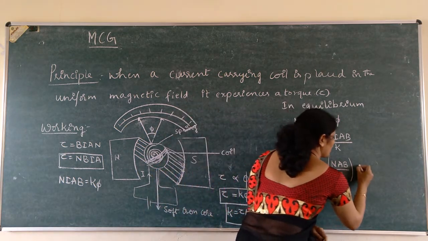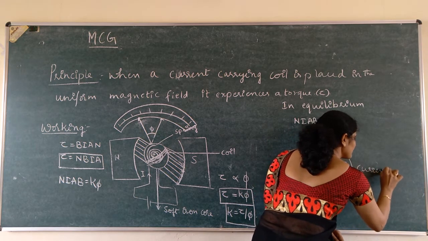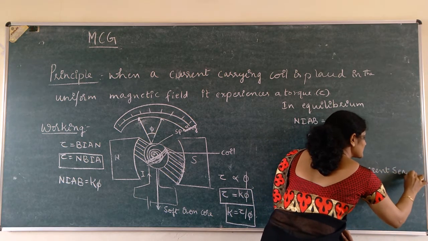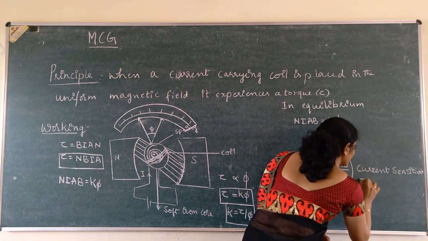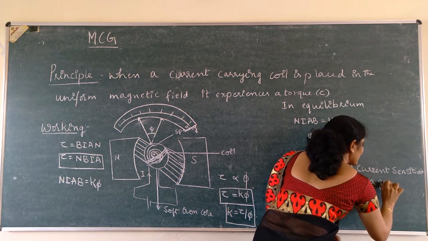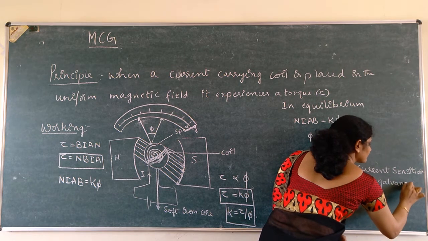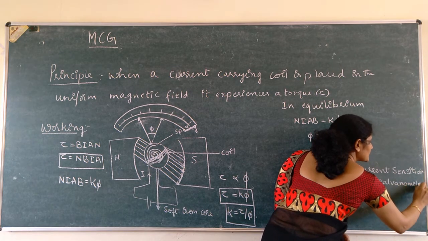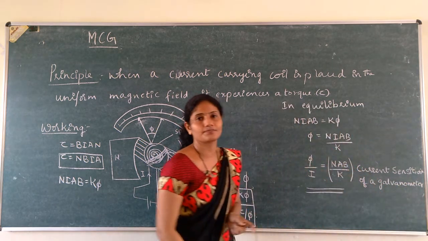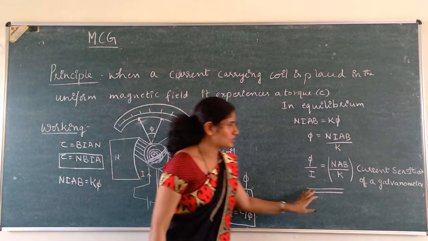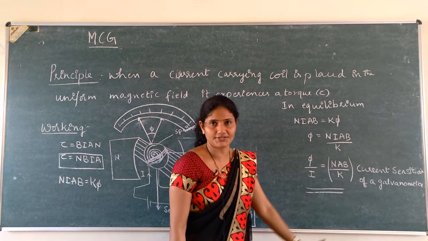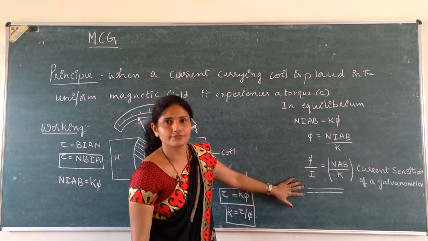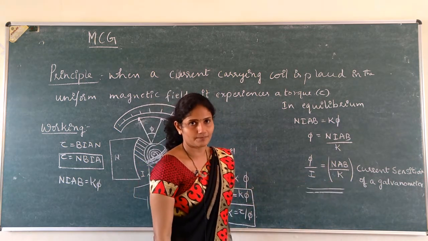Phi by I is called the current sensitivity of a galvanometer, and it is a constant for a given galvanometer.